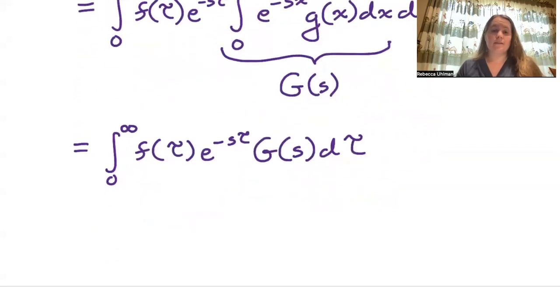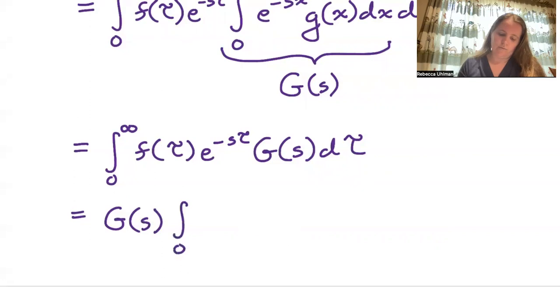Again, rewriting this, G of s is independent of tau. We can pull it out front completely. We have a capital G of s times the definite integral from 0 to infinity of e to the negative s tau, multiplying f of tau, then d tau.